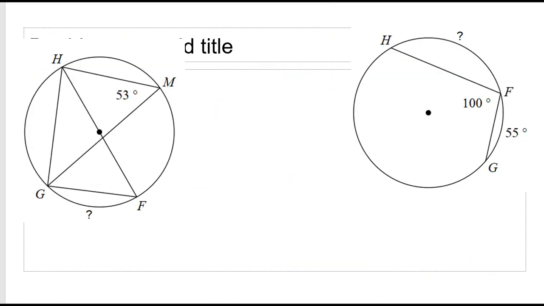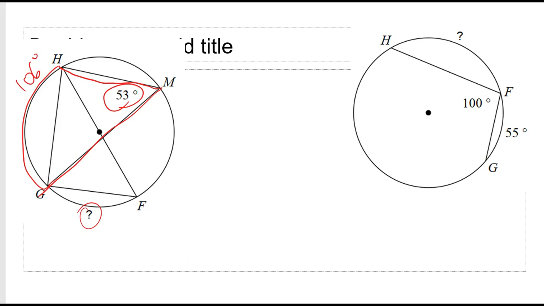Alright, so let's go over these. So we got two problems. The one on the left, you can see we have a diameter. So there's a chance that we're going to use 180. Okay, so we know we're looking for that. When we do a problem, always do one thing at a time. Okay, I got 53. So follow my lines here to H and G. I could find this arc right here by just doubling 53. That's 106. Now we can start looking at that diameter, guys.